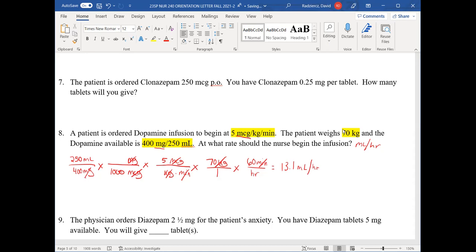And then divide by 400, divide by 1,000. Okay, that's what I got.